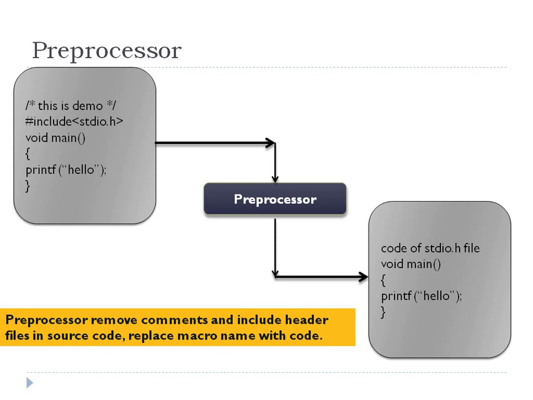So we can say the preprocessor performs three tasks: remove comments, include header files in source code, and replace macro names with the code. Once the preprocessor is done with all these three tasks, a file is generated. In our case, this file is this one.